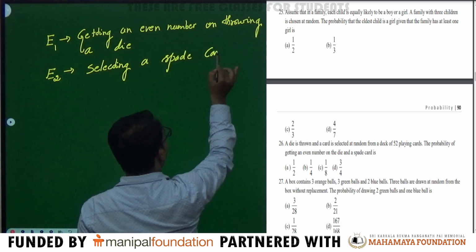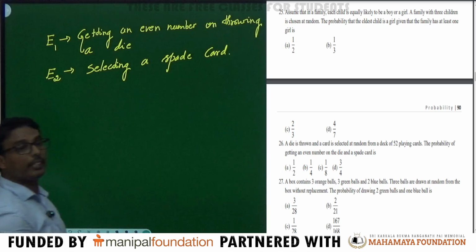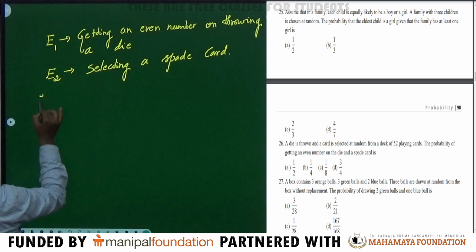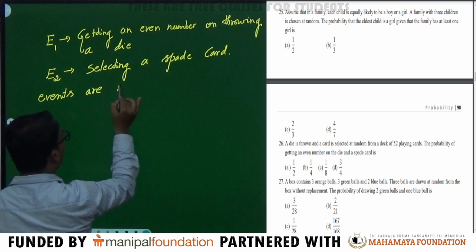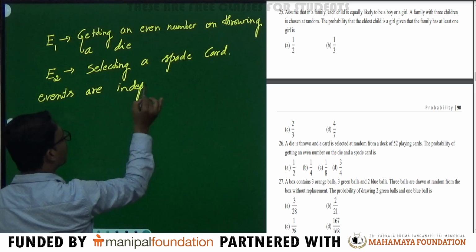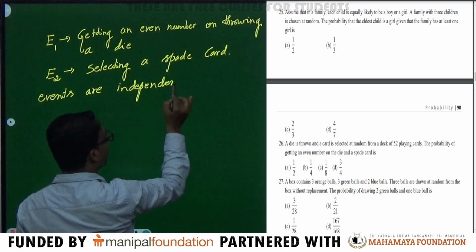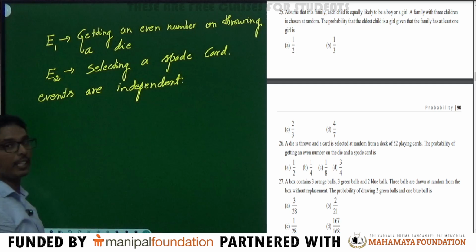Here these two events are independent events. That is, the occurrence of one event does not affect the occurrence of the other event.